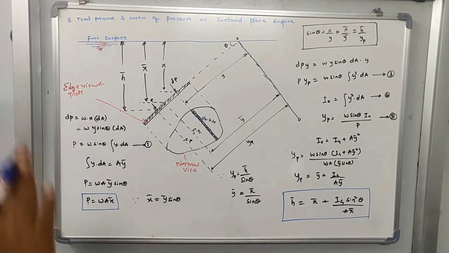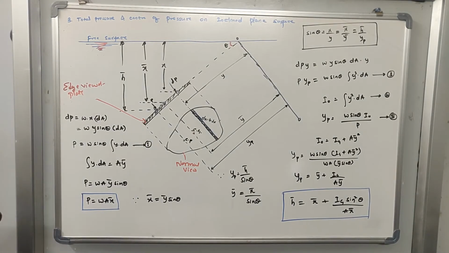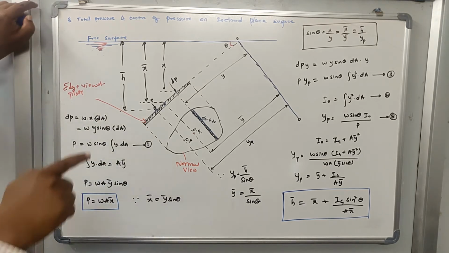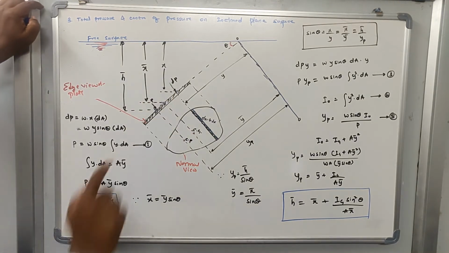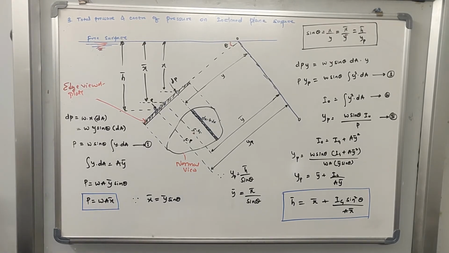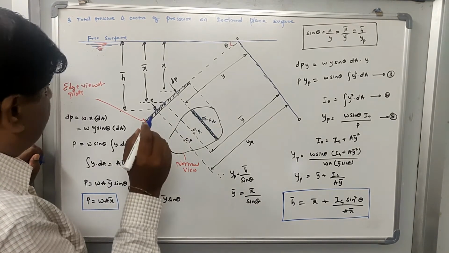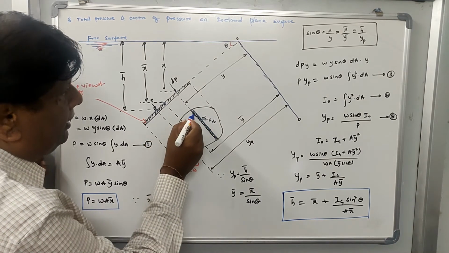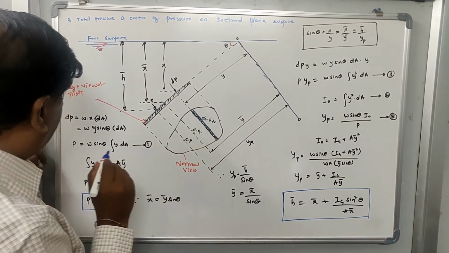With this, now we will derive the total pressure exerted by the static mass of fluid on this inclined plate. Let us consider this small strip.